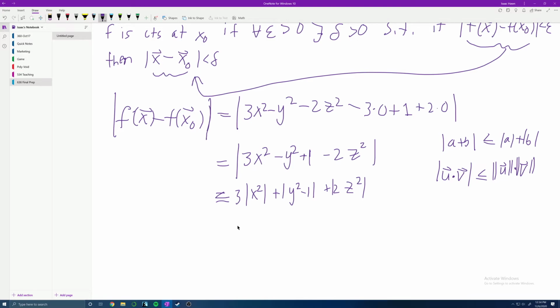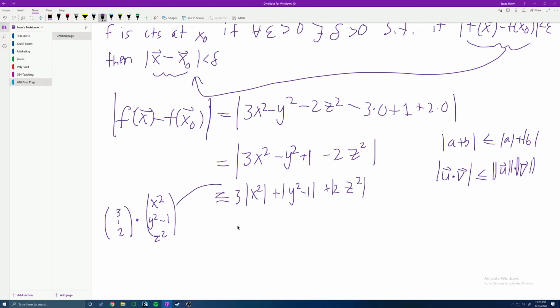So what we can use this for is we can say that this whole thing right here is, notice that this is just the vector 3, 1, 2 dotted with the vector x squared, y squared minus 1, z squared, right?